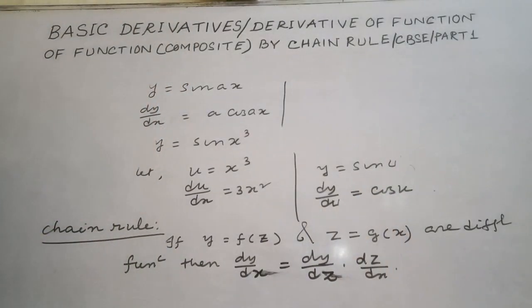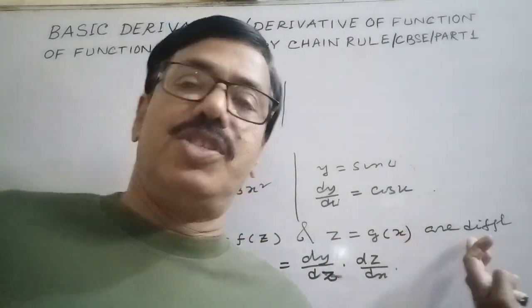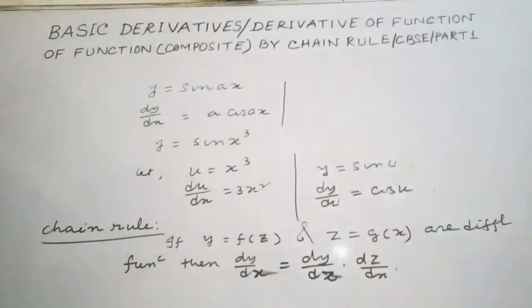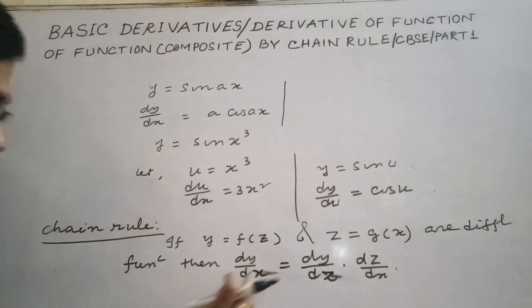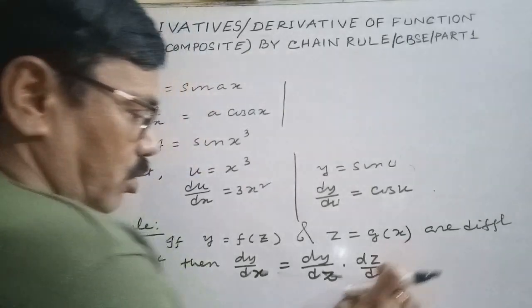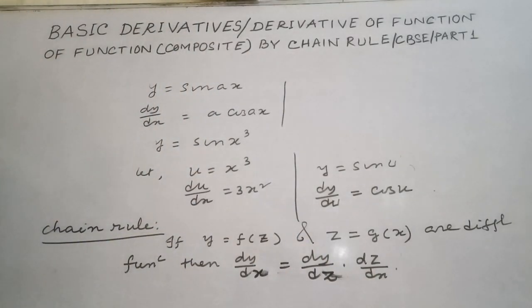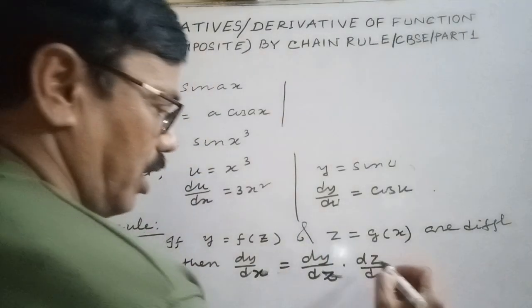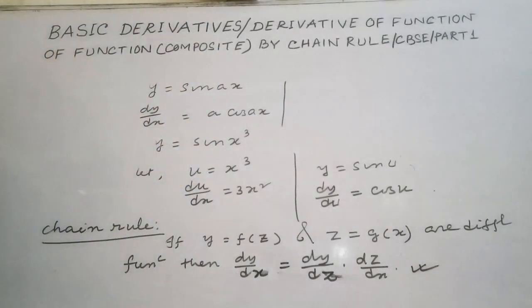So this is the chain rule. Y equals f of z and z equals g of x are two differentiable functions of x, then dy by dx equals dy by dz into dz by dx. So this is our chain rule.